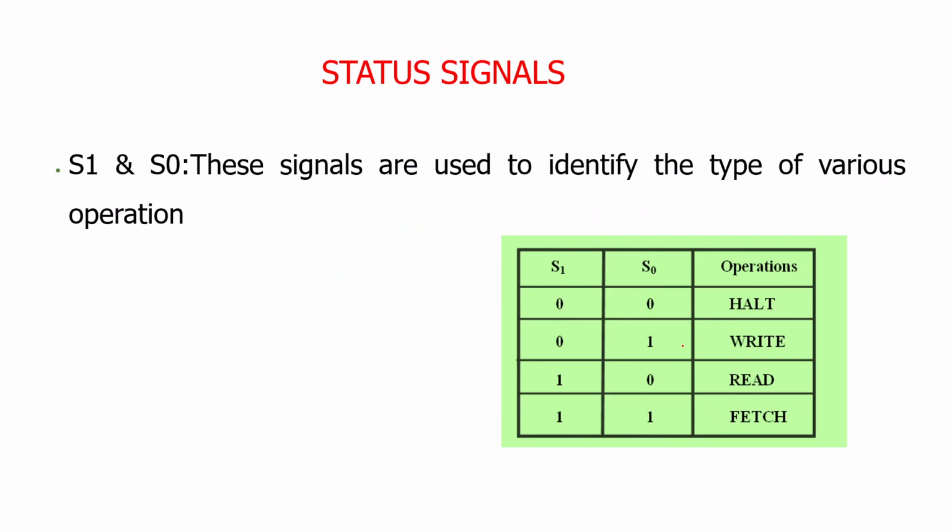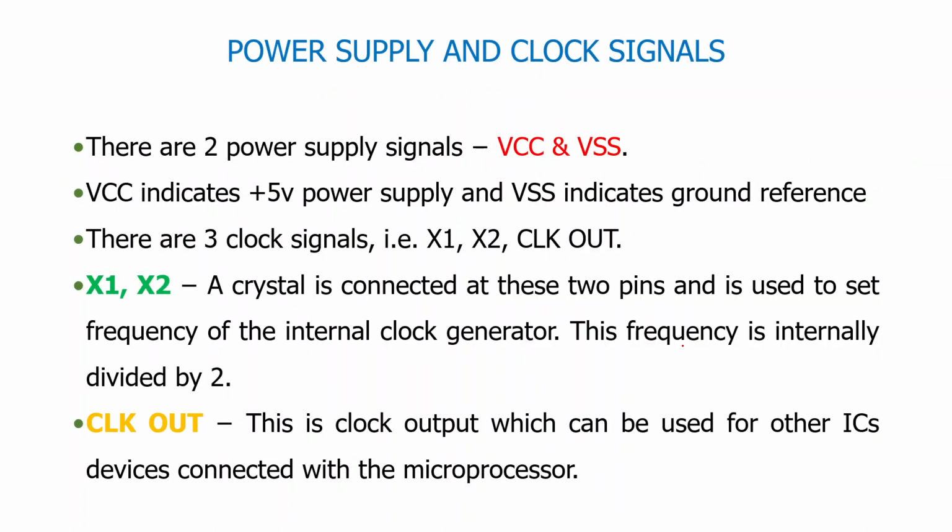And this is the combination of S0 and S1. 00 indicates halt operation, 01 write operation, 10 read operation, and 11 means instruction fetching. So these are the status signals which show the status of the microprocessor at that time. And power supply and clock signals: there are two power supplies, VCC and VSS.